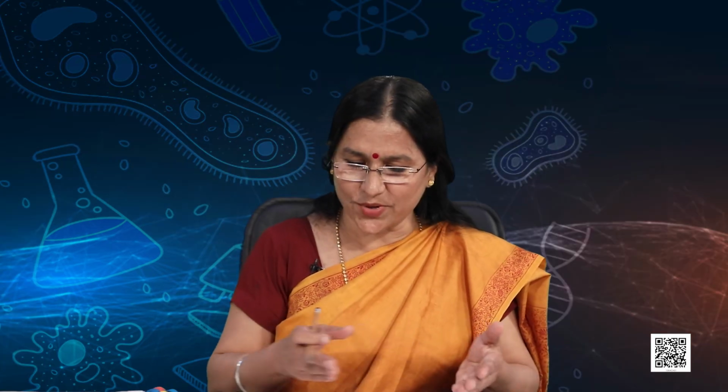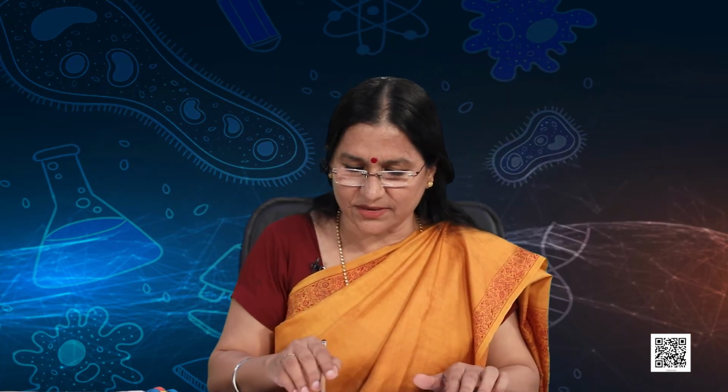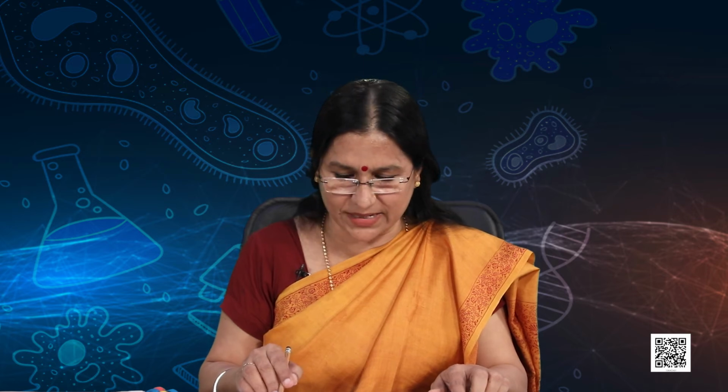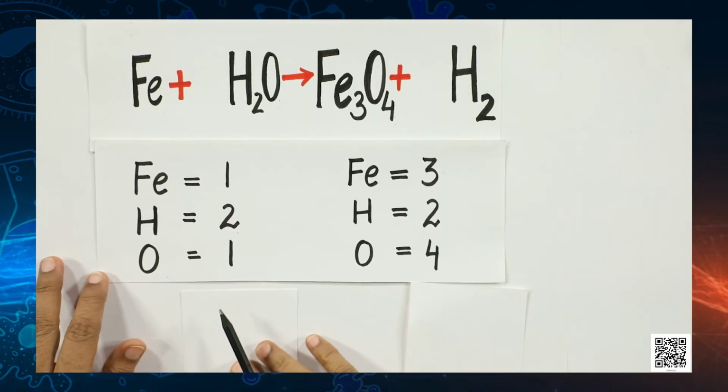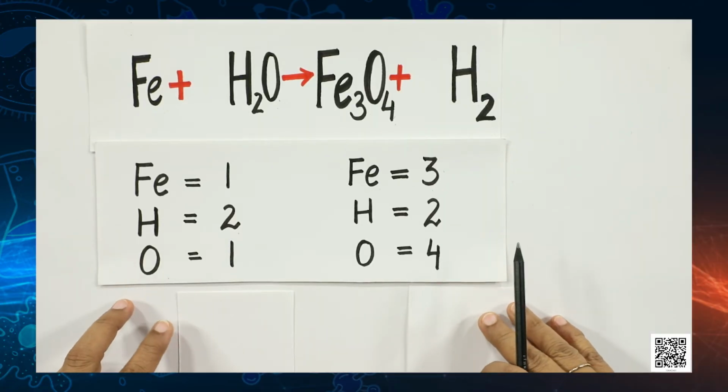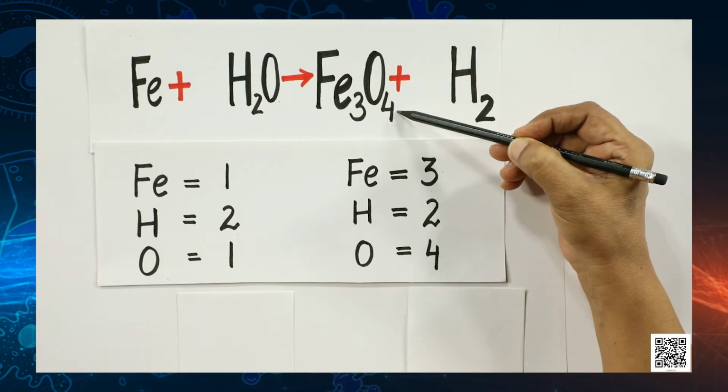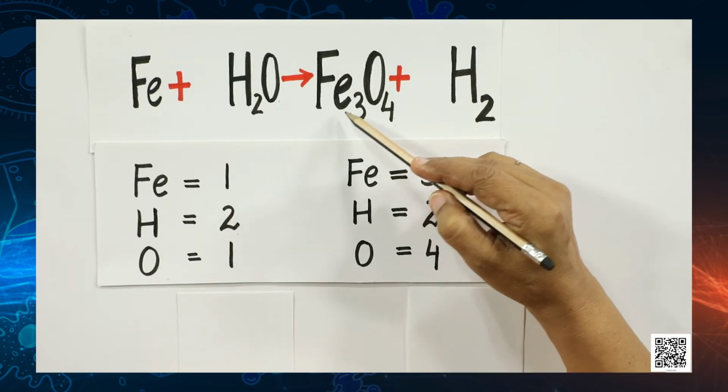Yes. So, now you can see that iron on both the sides is not balanced, hydrogen is balanced, but oxygen again is not balanced. So, what do we do? It is often convenient to start balancing with the compound that contains the maximum number of atoms. It may be a product or a reactant, and in that compound select the element which has the maximum number of atoms.